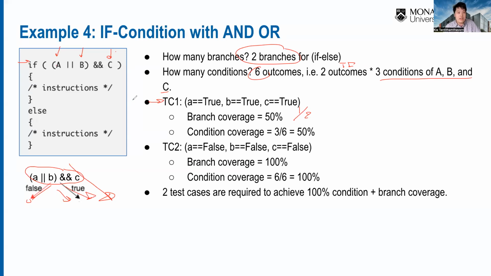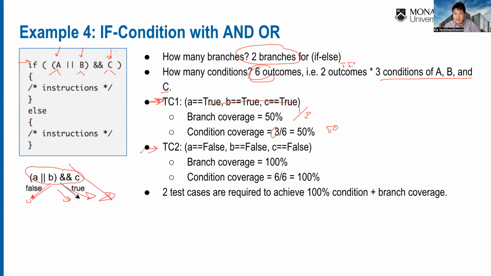What about the conditions? There are 6 in total. A should be asserted as both true and false, B as true and false, C as true and false, but in this case we assert only true. So we achieve only 50%, only 3 of them. We never assert A, B, and C as false. So with this test case, we achieve 50% branch coverage and 50% condition coverage.